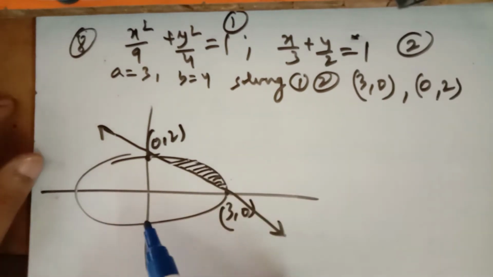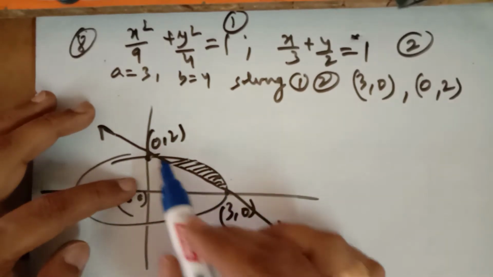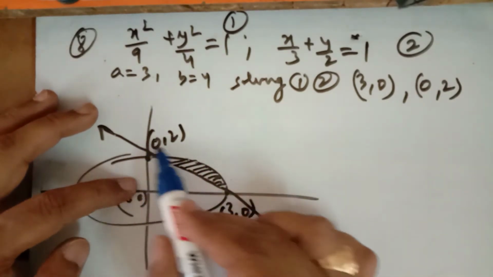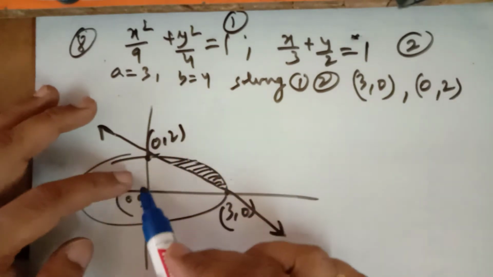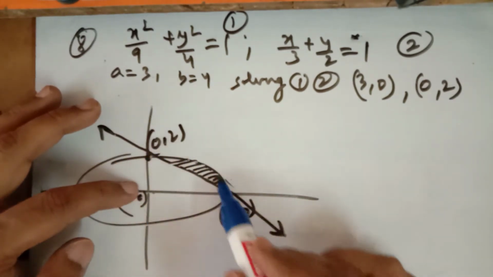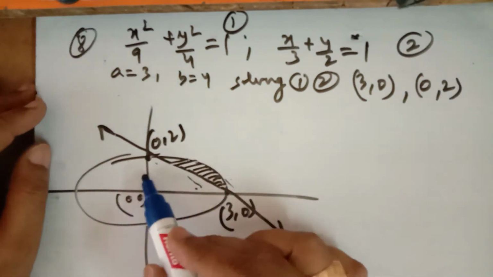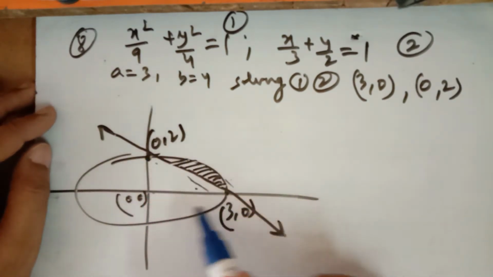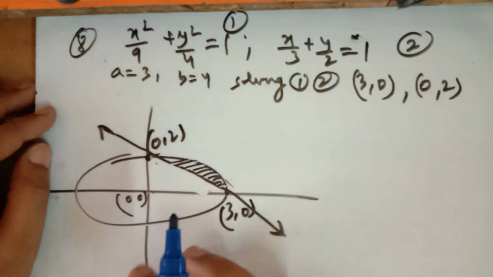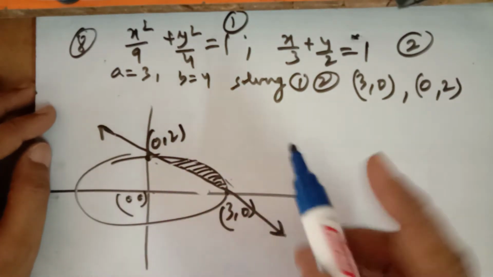Now, if you see it carefully, this is the center of the ellipse. If you integrate this ellipse from 0 to 3, you'll get the area in the first quadrant, this total area. Now this area is coming out to be extra, which is touching the line. So ellipse minus line, if you do it from the limit 0 to 3, you'll get the required area.